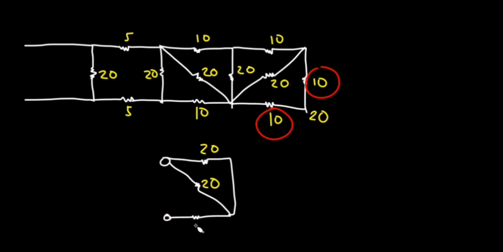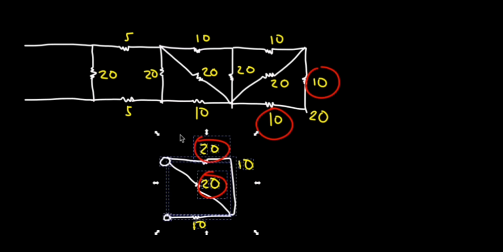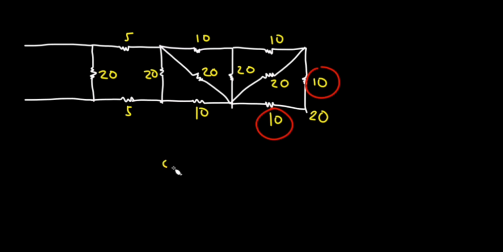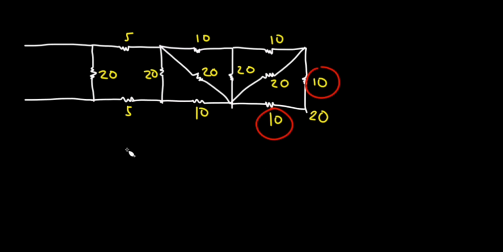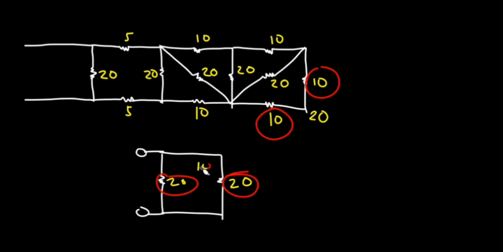So definitely, it is equal to 10 ohms. Now 10 ohms is in series with 10 ohms, which will be 20 ohms. Then again 20 ohms in parallel with 20 ohms. This will be equal to 10 ohms.